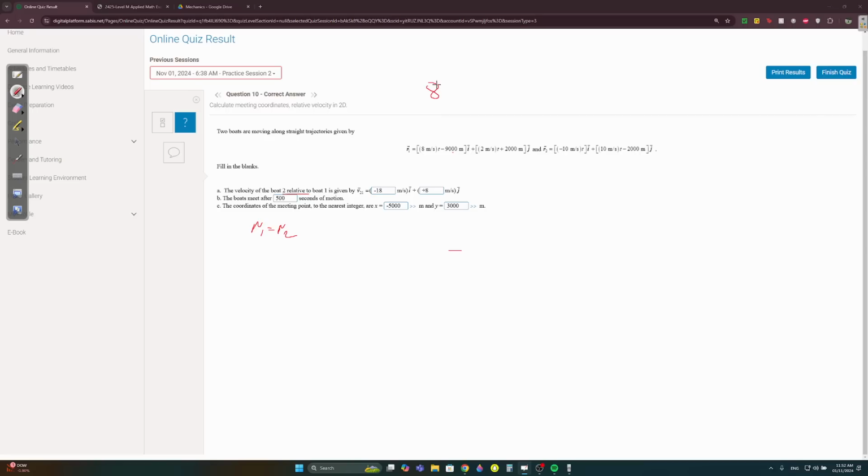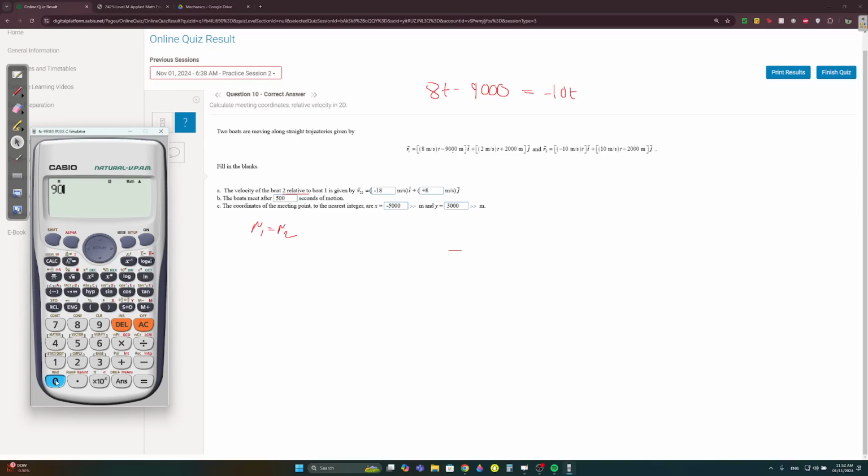R1 equal to R2, you're going to get 8t minus 9,000 is equal to minus 10t. 9,000 divided by 18, you get 500. Time is equal to 500. Because R1 equals R2, you can either equate the I components or the J components. It was easier for me to equate the I components. So t equals 500, and if you equate the J you'll get t equals 500.